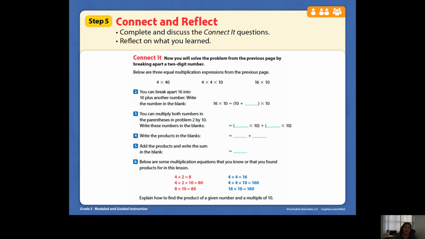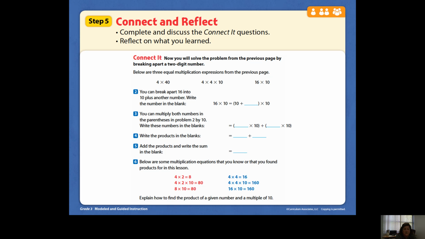Here at number 6, they just give us a couple examples of what we might have been able to do when we multiplied the 4 times 10, or even the 4 times 20. We could even do it with that too. And then the 16 times 10.